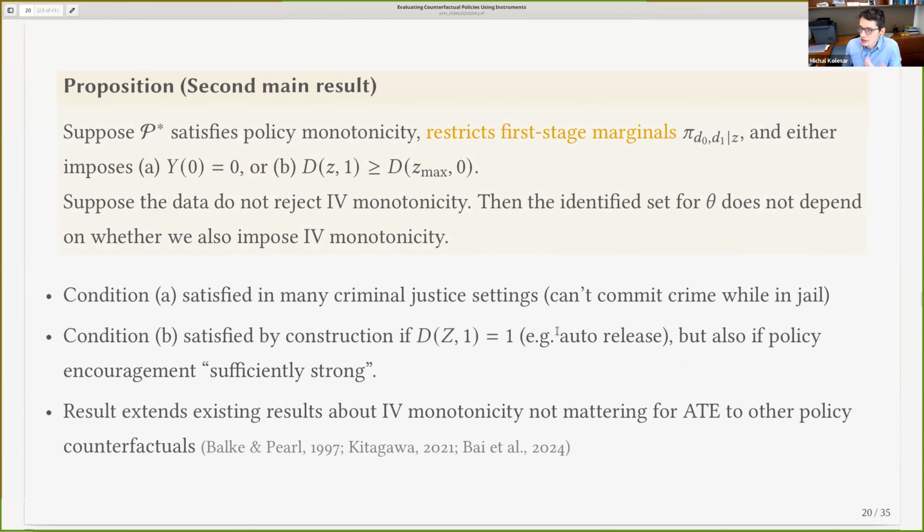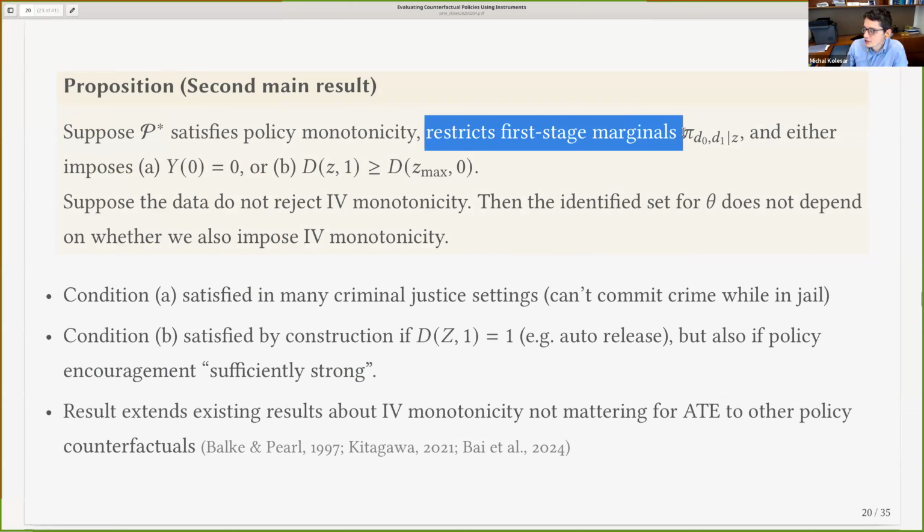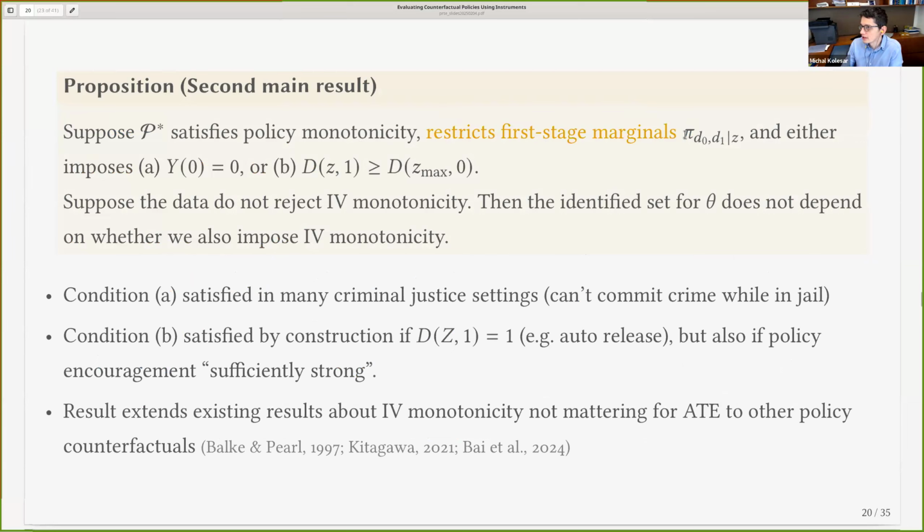Now, we can generalize this simple example a little bit in the following sense. So suppose that the only restrictions on the model I am imposing are restrictions on the first stage marginals. So what are the release rates under the counterfactual and so on, but I'm not making any cross-judge restrictions.